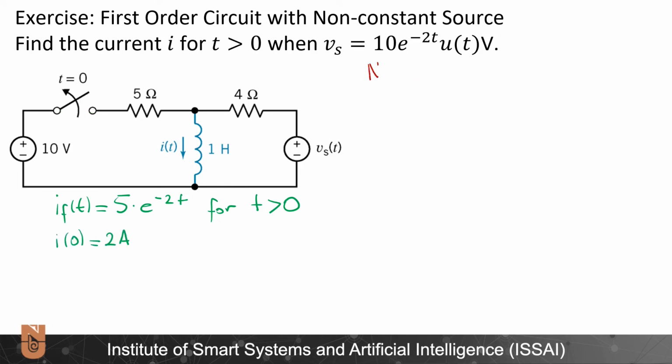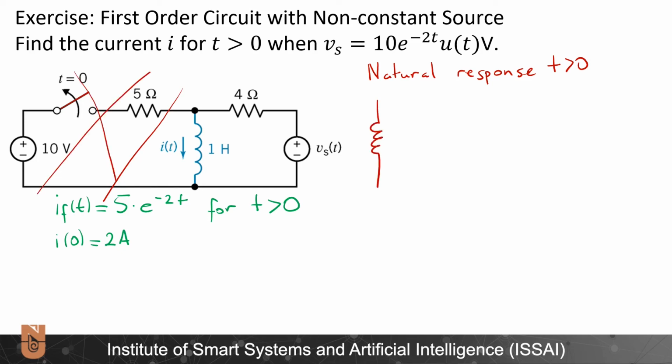Now we will find the natural response for t greater than 0. Since this switch is open, this part of the circuit will not be considered. The circuit becomes a simple inductor, a resistor, and some type of voltage source which is a forced input to the system, and therefore will not be taken into account.